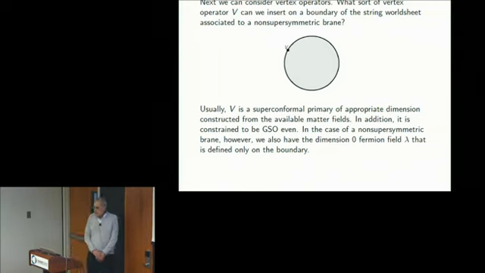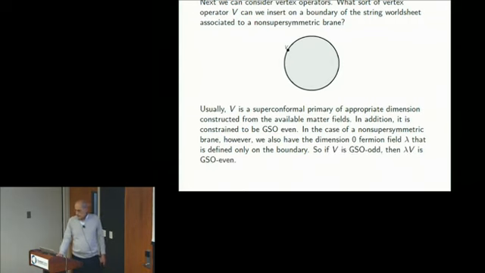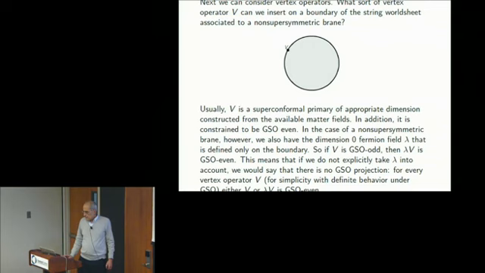In the case of a non-supersymmetric brane, we also have the dimension 0 fermion field lambda that's defined only on the boundary. So if V is GSO odd, then lambda V is GSO even, because lambda itself is GSO odd. So that means if you don't explicitly take lambda into account, you'd say there's no GSO projection. For every vertex operator V, either V or lambda V is GSO even. And so every superconformal primary made from the matter fields corresponds to an allowed vertex operator. That's also part of Sen's story.